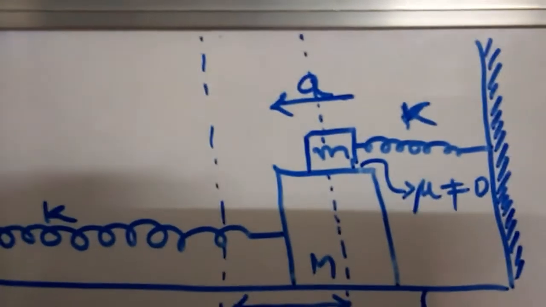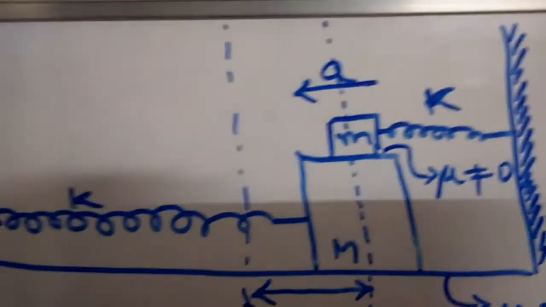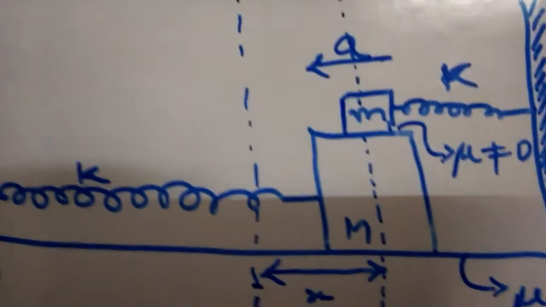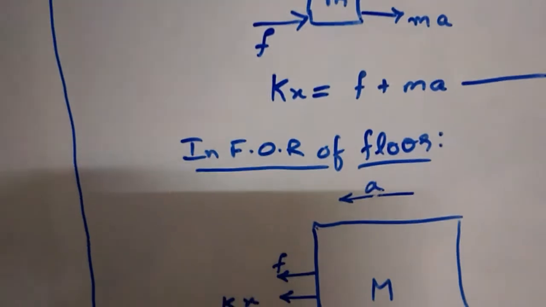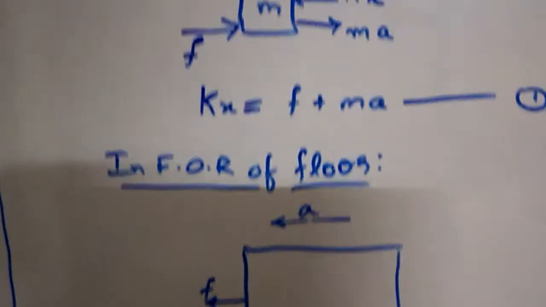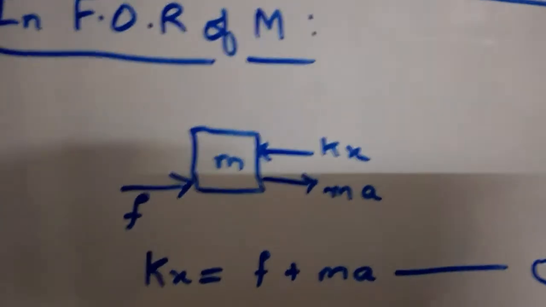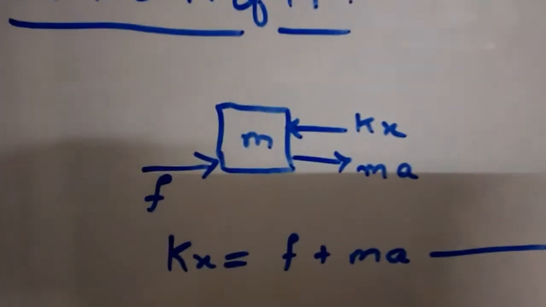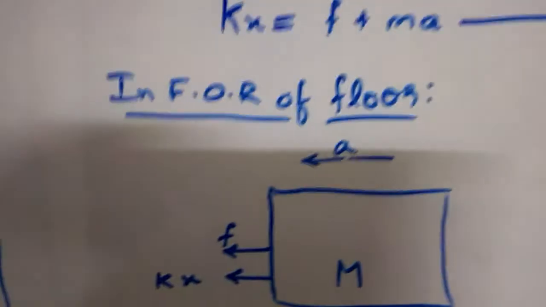Because for the system capital M plus small m, friction is an internal force, therefore the magnitude of friction should be the same and it should be opposite in direction on capital M as it was for the mass small m. So if for the mass small m, friction was of magnitude f acting to the right, for the mass capital M, it should be acting to the left and it should have the same magnitude.